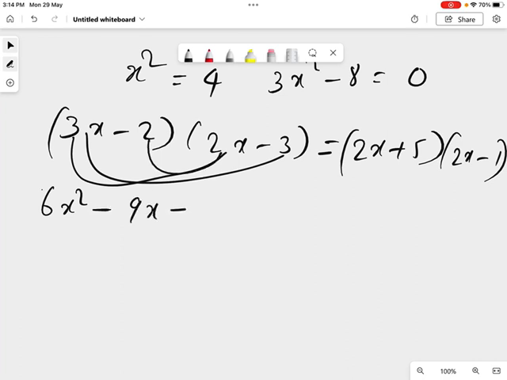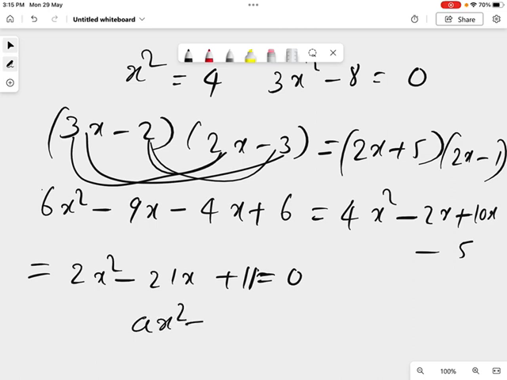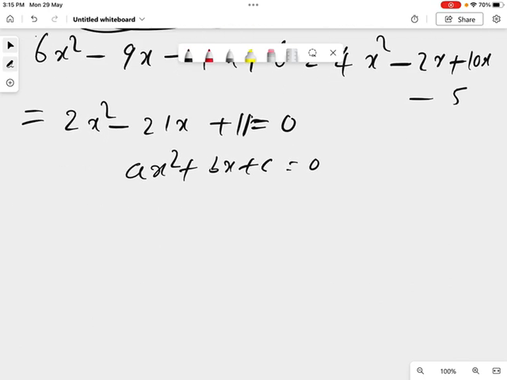Then on the other side, 4x square minus 2x plus 10x minus 5. While simplifying, we get 2x square minus 21x plus 11 is equal to 0. This is in the standard form of the quadratic equation, ax square plus bx plus c is equal to 0. So this is a quadratic equation.